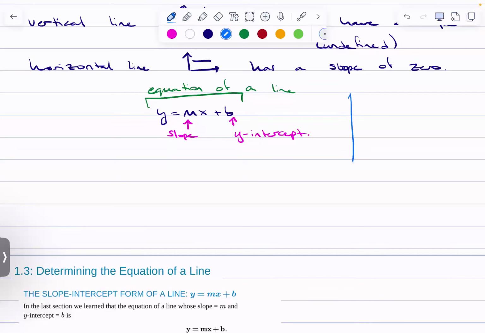And just to illustrate, if we have y equals mx plus b, then this point here is when x is 0, y is b. That's what we mean by the y-intercept.